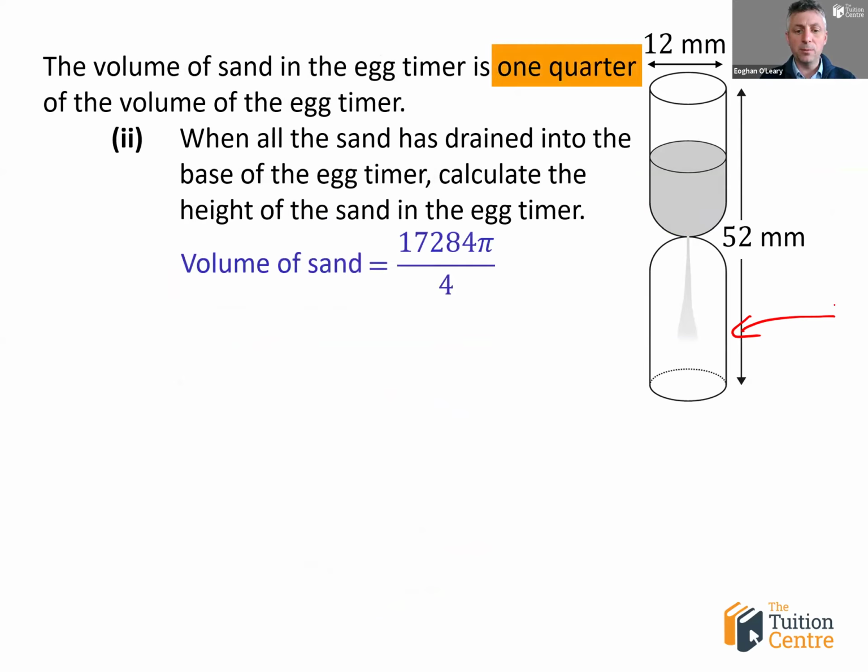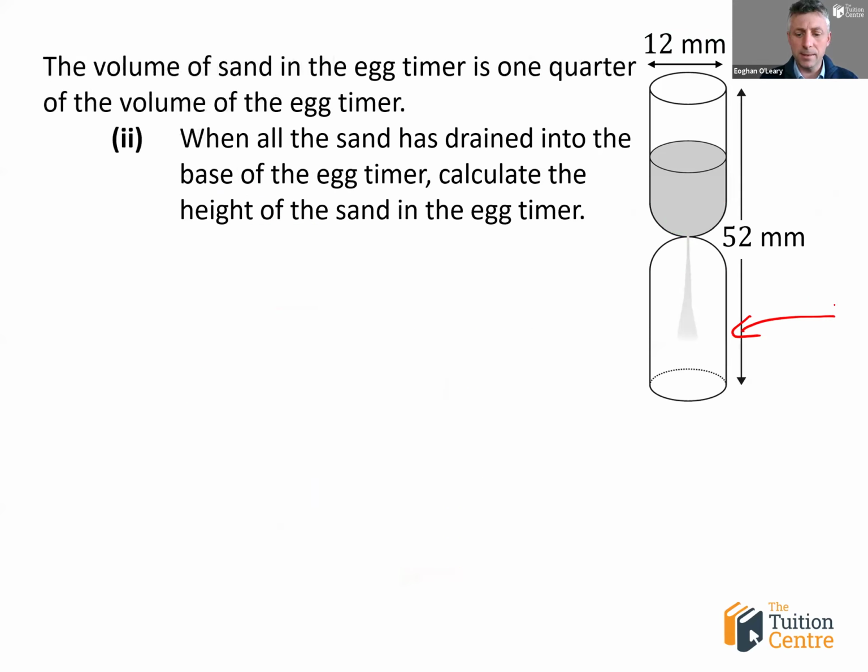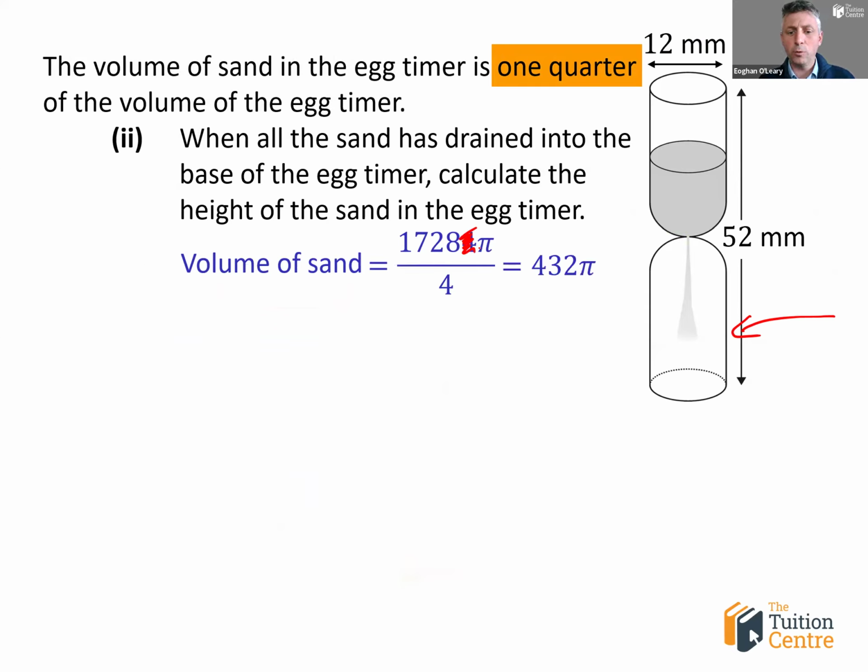Okay, so the volume of sand is going to be the answer we had back here, 1728 pi millimeters cubed. We're going to divide 1728 pi by 4, so it's going to be 432 pi. So that's the volume of sand.